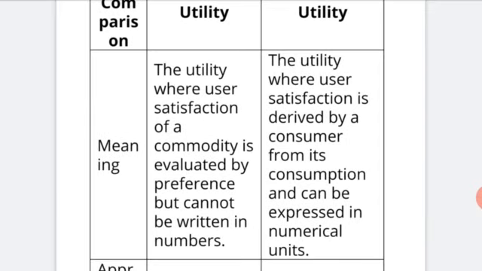According to ordinal concept, utility cannot be measured or expressed in terms of numbers. On the other hand, in cardinal approach, utility can be expressed in numerical units and measured in numbers.